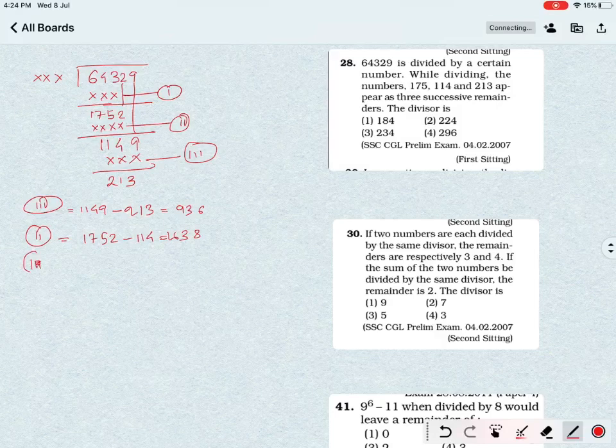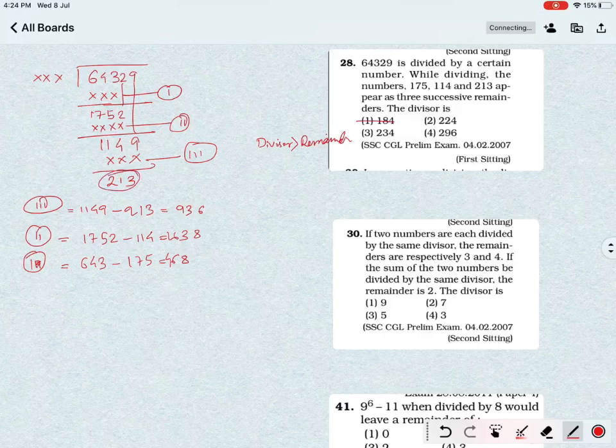Number 1 will be 643 minus 175, that will become 468. Okay, so option number 1 is cancelled because the divisor is always greater than the remainder.